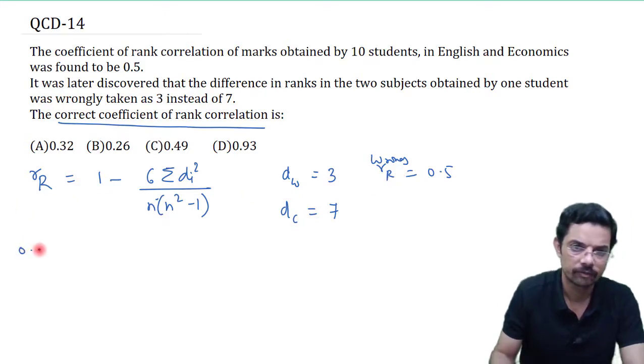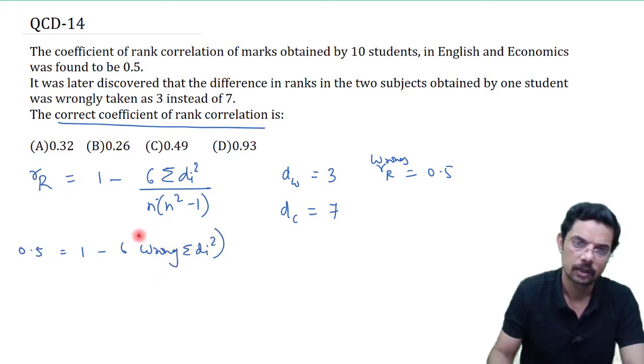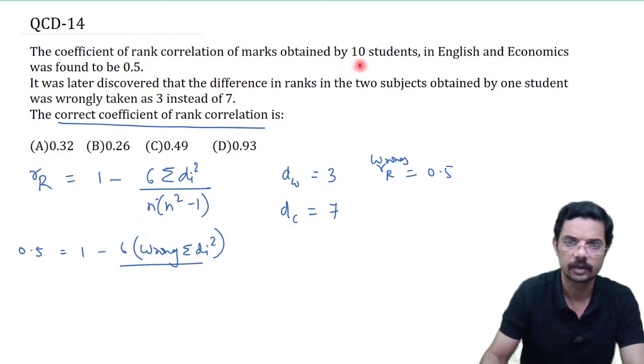So 0.5 will be equal to 1 minus 6 into sigma di square. Sigma di square we don't know, that is the wrong sigma di square, divided by n into n square minus 1. N is equal to 10. So it is 10 into 10 square minus 1.